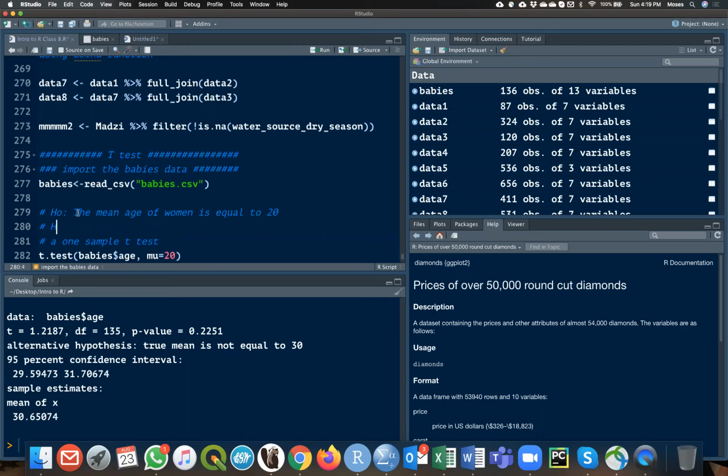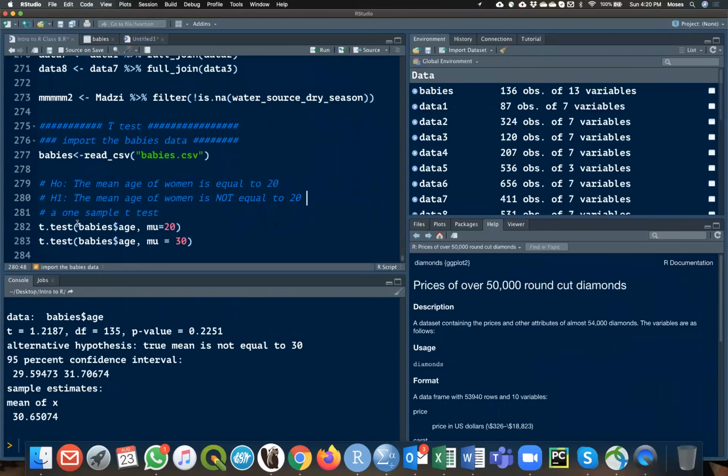And then the alternative, which is represented as H1, says the true mean age of women is not equal to 20. So when I learned this, in the first place, we find a p-value which is much, much smaller. If the p-value is much, much smaller, it means we reject the null hypothesis and conclude that the alternative hypothesis is true.